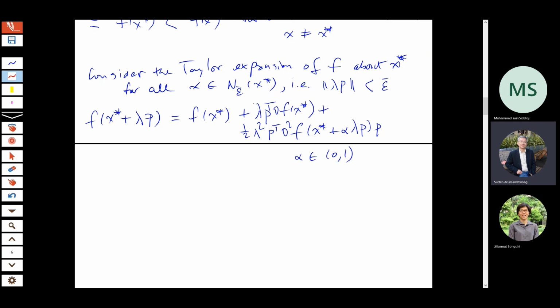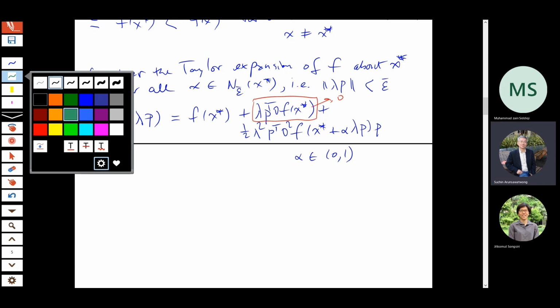This one goes to 0, right? But if the gradient vector at the point x star is 0, then the second term on the right hand side goes to 0, right? Now we will look at this.